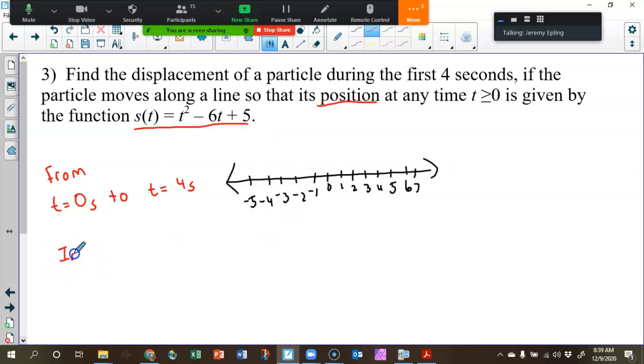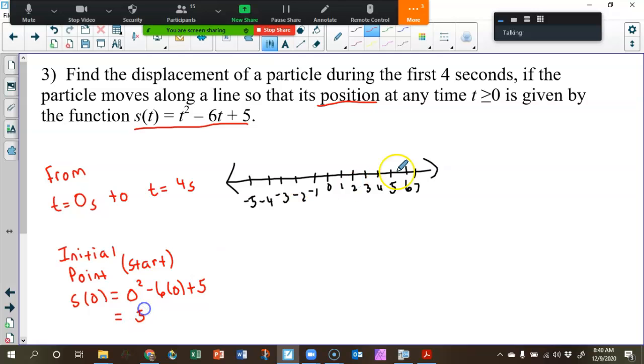So my initial point, where I'm going to start, is just going to be s of 0. So 0 squared minus 6 times 0 plus 5. We're going to start out here at 5.